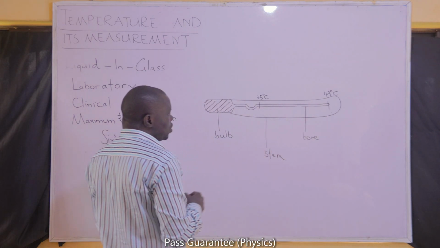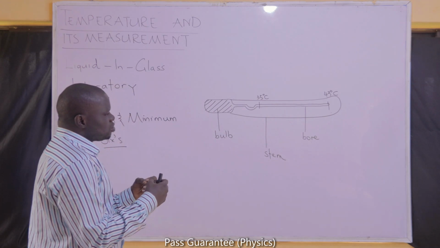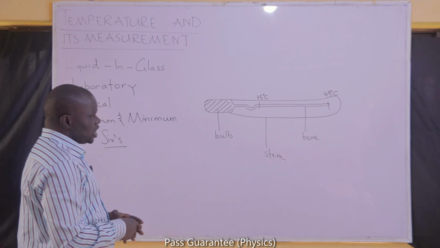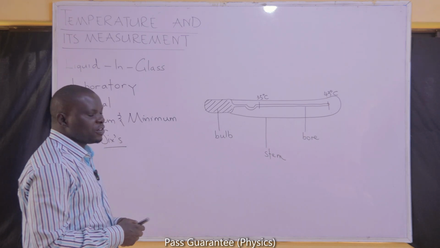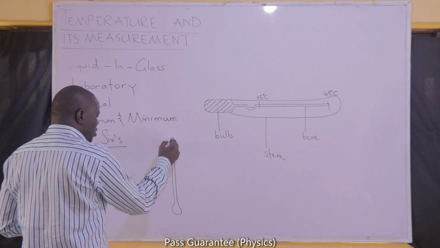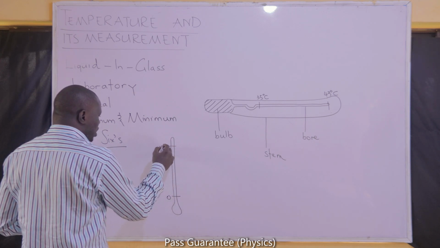So the number one feature of a clinical thermometer is the small range for which it is expected to be used. It is only expected to be used between 35 and 43. A normal laboratory thermometer, let us assume, has between 0 and 100.